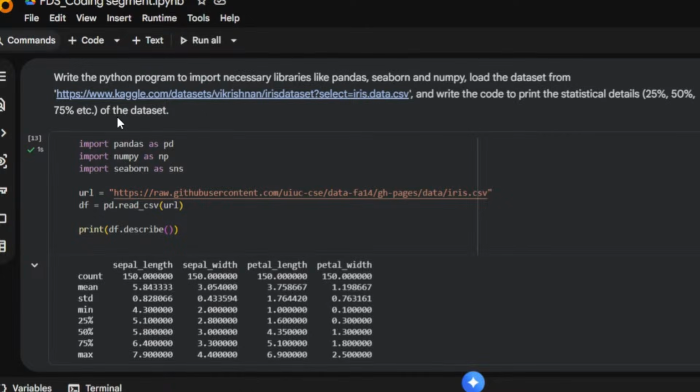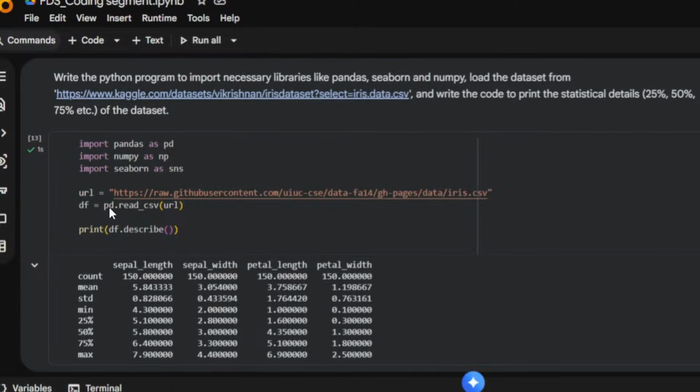When I saw this question in my midsem paper, I was shocked. I didn't know what to do because we never learned this function df.describe in our class. Maybe I was not attentive enough. Fortunately I knew this line, pd.read_csv of URL. What this basically does is it takes in a URL and creates a data frame.